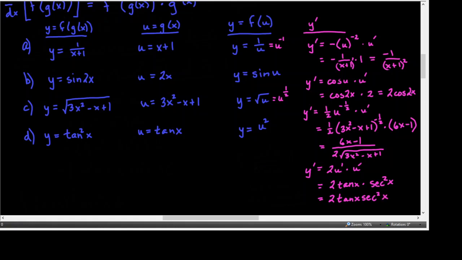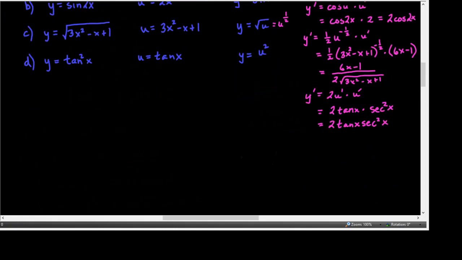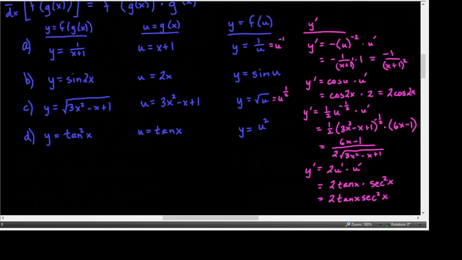Okay, so we'll practice this a lot in this section so that you get really good at it, I hope. And one of the things that's going to happen quite a lot, and in fact I think it happened 3 of these 4 times, most of these were treated as powers of something, u to the negative first, u to the 1/2, u squared.